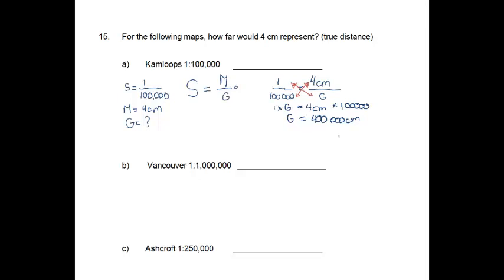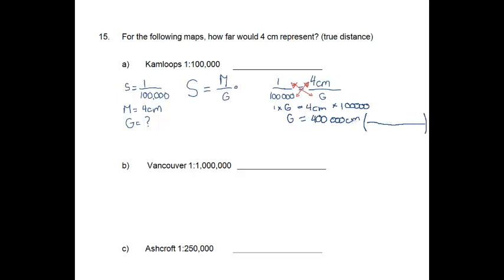To convert that to kilometers, I need to multiply it by a fraction that will basically cancel centimeters out and turn it to kilometers. And this is where you have to have all those equivalencies memorized. So how many centimeters are in a kilometer?